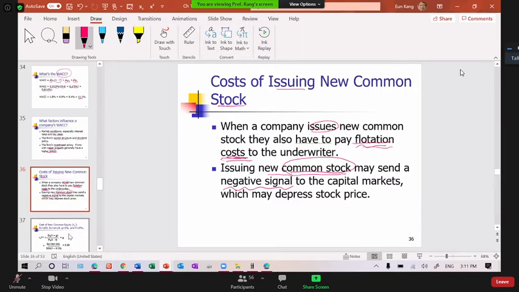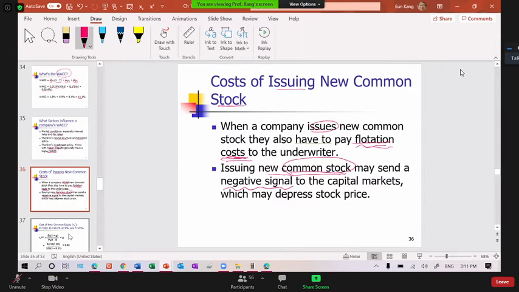An extreme example: let's say you found a gold mine. You need money to excavate, but you don't want to issue shares, because then all the profit will be shared with outside investors. In this case, you just want to borrow money, dig the gold, and make lots of profit, and keep the profit yourself.